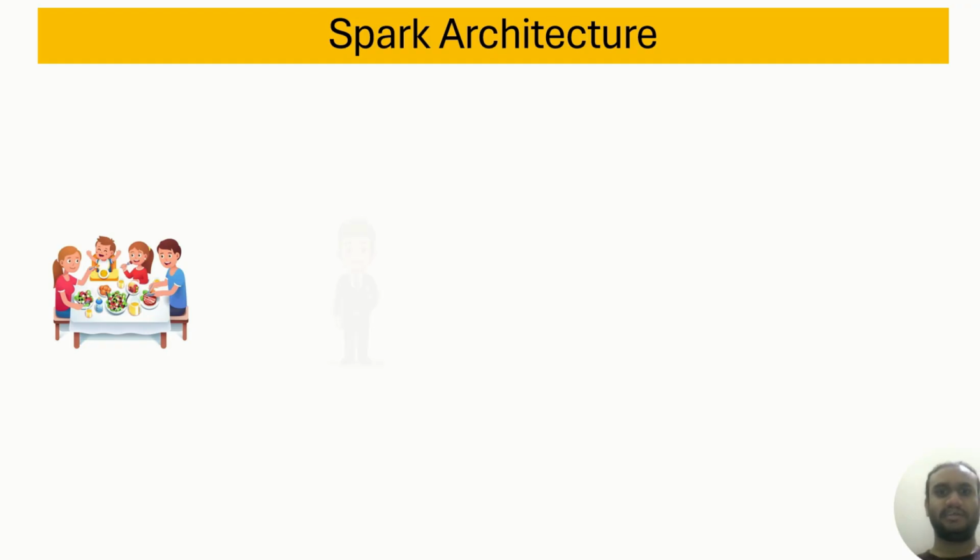Let's see. One service boy will come to you. He will take orders from you, and you are going to order pizza, noodles, Chinese, and so many other dishes, or whatever you like. Those orders you give to that person who is collecting them.